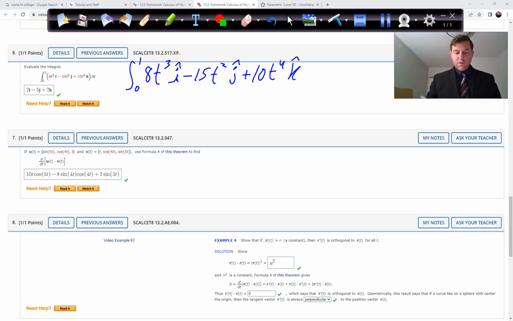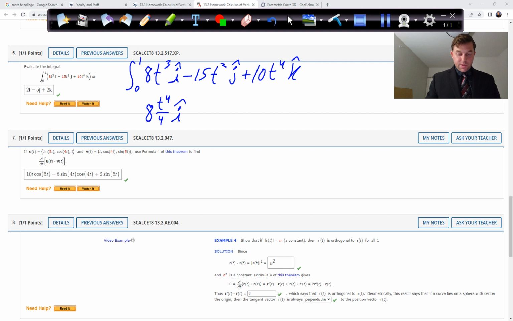And we just have to remember how to do the antiderivative. So the antiderivative says leave constants alone, add 1 to the power, and divide by the same number. So derivatives bring the power down and subtract 1 from the power. Antiderivatives add 1 to the power and then divide by that same number. So t cubed becomes t to the fourth over 4, and there's an i there.